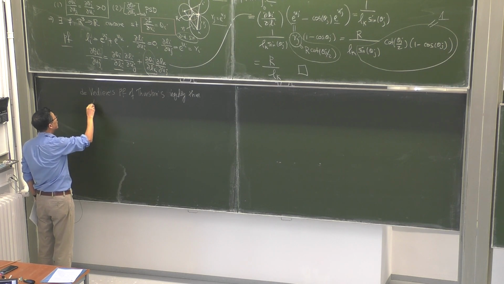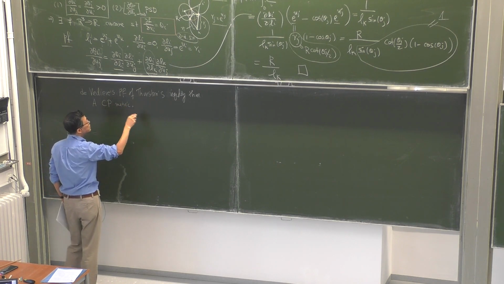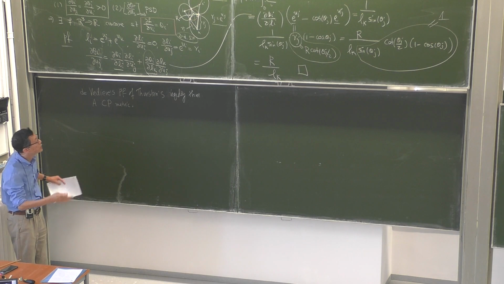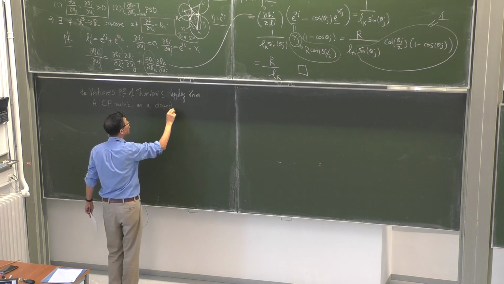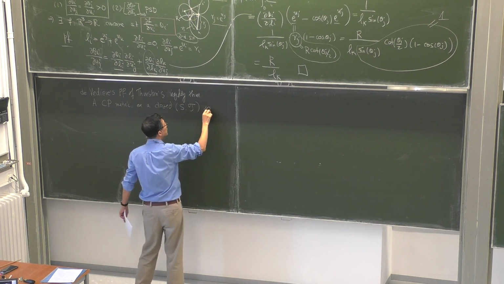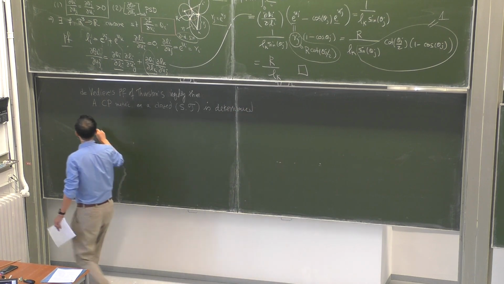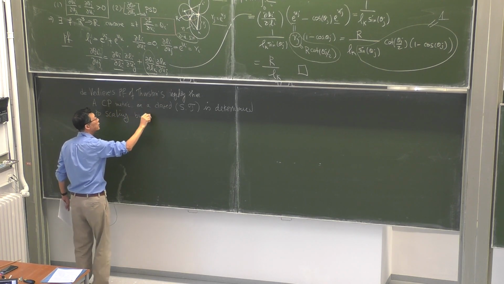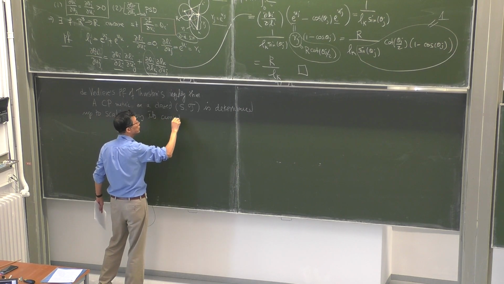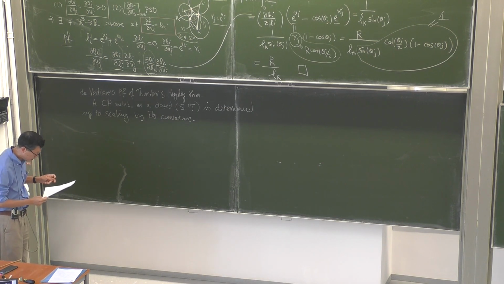It says that a circle packing metric, which I can think of as a function assigning radius, on a closed, it has to be compact, triangulated surface is determined up to scaling by its curvature. And the proof is more or less two or three lines, and that's why I'd like to tell you.